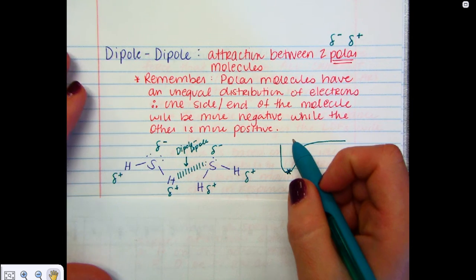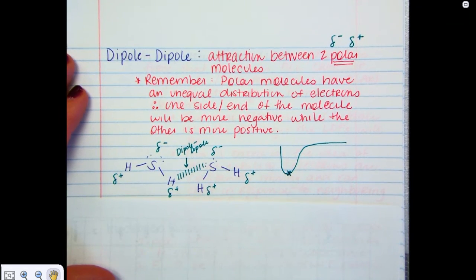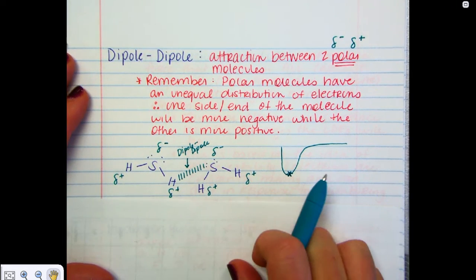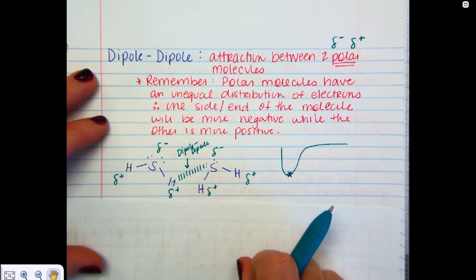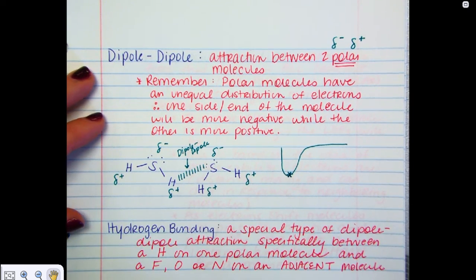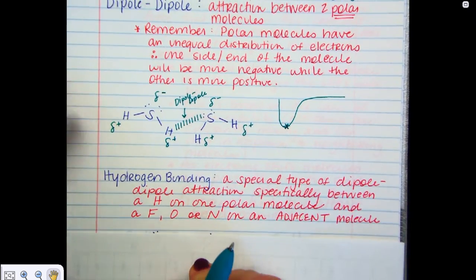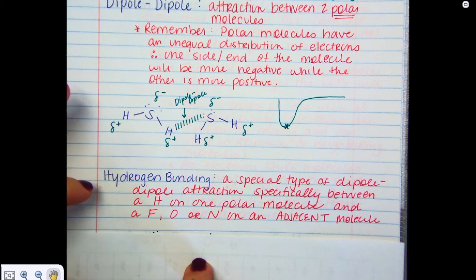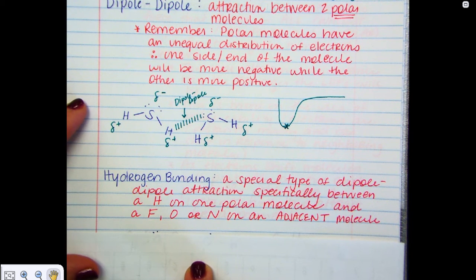I talked about this one first because the second one we're going to talk about, which is hydrogen bonds, is a subset of dipole-dipole. Okay. So dipole-dipole is between two polar molecules. Hydrogen bonding is a special type of dipole-dipole. So it has to still be between two polar molecules, but we have some specific elements involved.